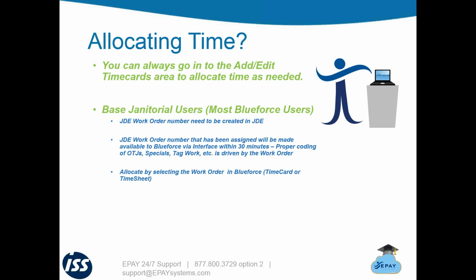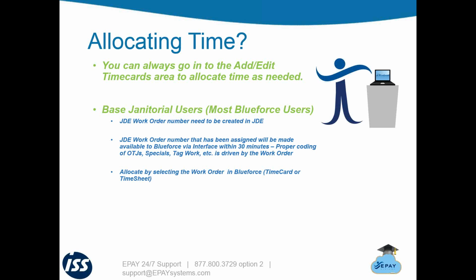Keep in mind that work order is used for proper coding of OTJs, specials, tag work, etc. All the different words to denote extra work. And you allocate by selecting the work order in Blueforce. This is basically off a time card or timesheet view. I'm going to show you where you can actually do that in Blueforce as well, if you are doing this from an editor, submitter, or approver side of the ball game.